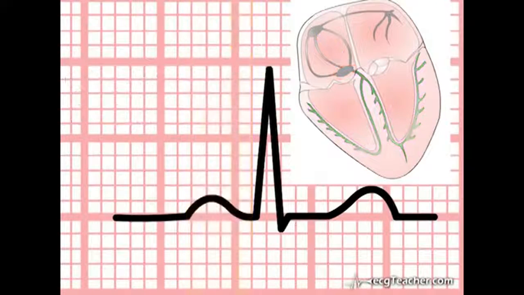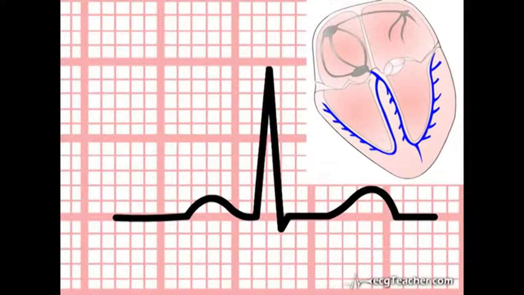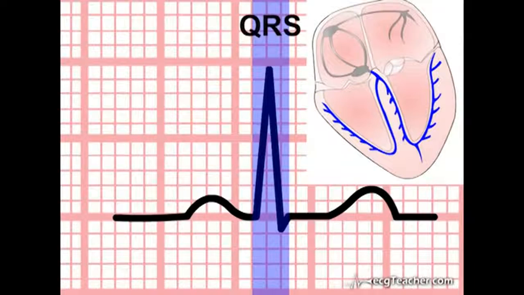The PR interval ends with the release of current into the main muscle mass of the septum and ventricles from the terminal branches of the intraventricular conducting system. On the ECG, this point is marked by the onset of the QRS complex, and the next key value we need to learn is the duration of the QRS complex.